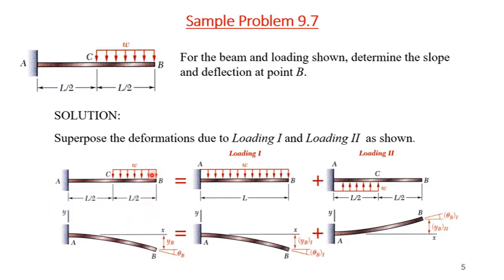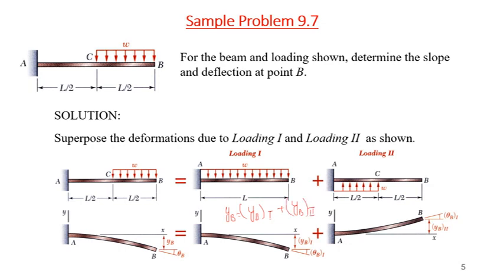Now for the deflection yB, that will be equal to yB1, due to loading 1, plus yB2, due to loading number 2. And similarly, theta B1 plus theta B2 will be equal to theta B. That means if I want to write the equation for deflection, yB will simply be equal to yB1 plus yB due to loading number 2.